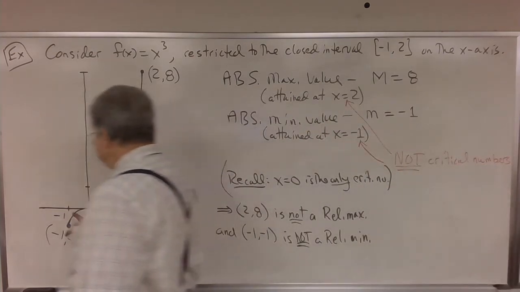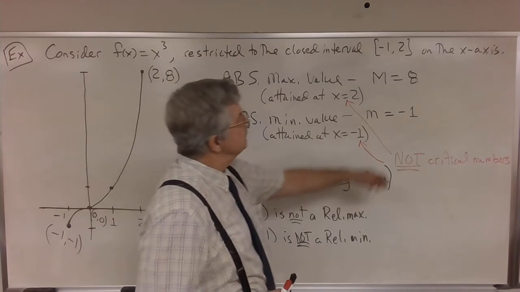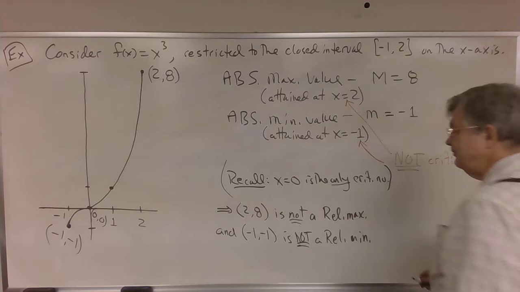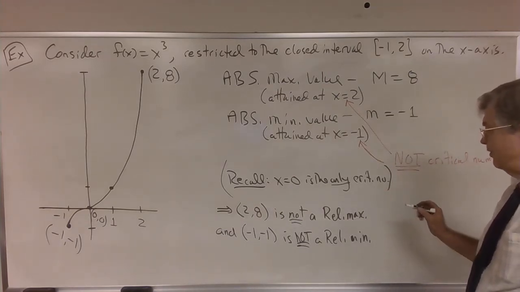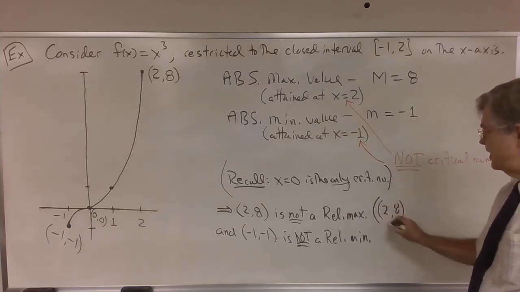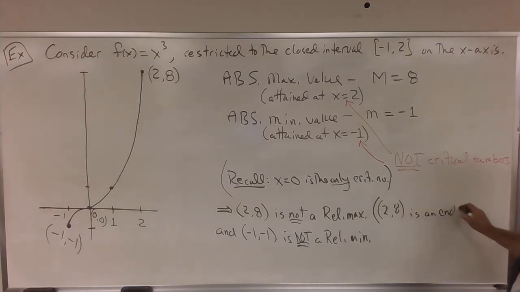And to the left of x equals -1, we chop off the graph. So this point becomes the minimum value of the function because we've chopped the graph off at this left endpoint of the interval. So somebody in their great wisdom decided that we call this point 8 an endpoint maximum.